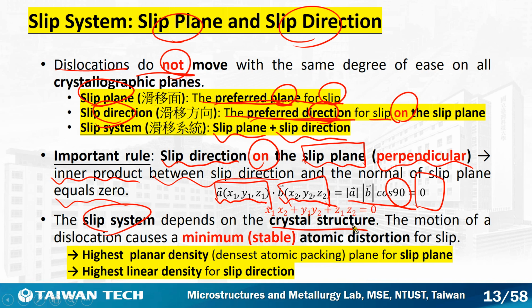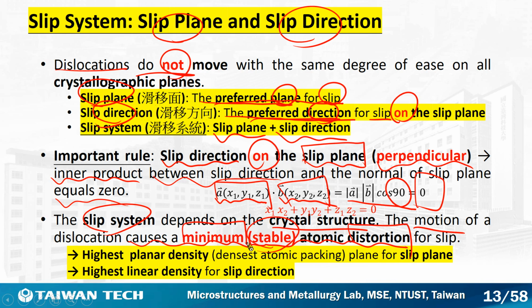And during the plastic deformation, this is the slip for dislocation motion, right? So the motions of dislocations must cause a minimum atomic distortion for slip, and minimum distortion reveals the stable status.